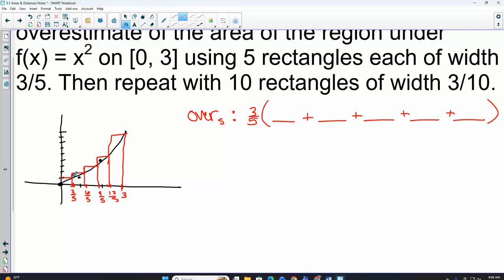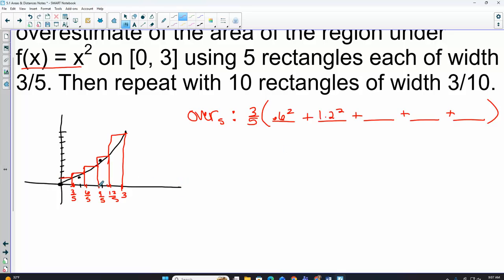How do we get the height, the y value? We know the curve is x squared, right? So it would be 3/5 squared. Can I write that as a decimal? Does that bother anybody? So 3/5 is 0.6 squared. That way I can use fewer parentheses. The next one is at 6/5, so that's 1.2 squared.